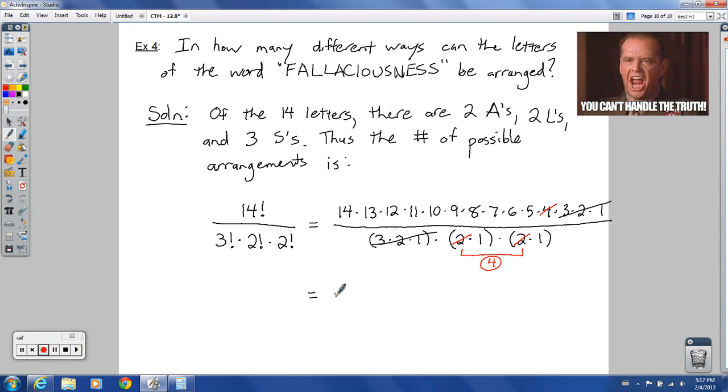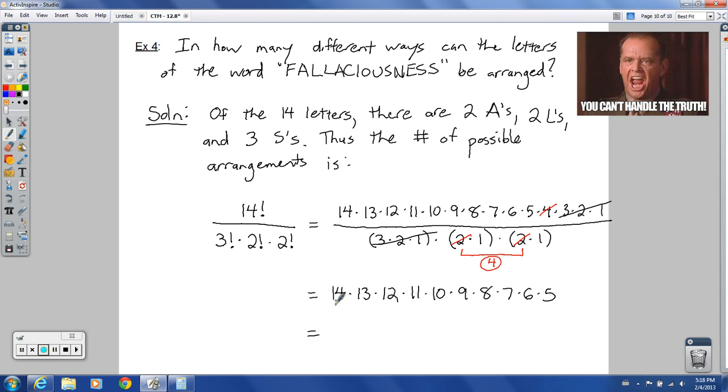And so this becomes 14 times 13 times 12 times 11 times 10 times 9 times 8 times 7 times 6 times 5. Easier to do the cancellation first before you try to multiply it all out and then try to cancel from there. Definitely easier to do that. I don't need my denominator anymore, so that is gone.